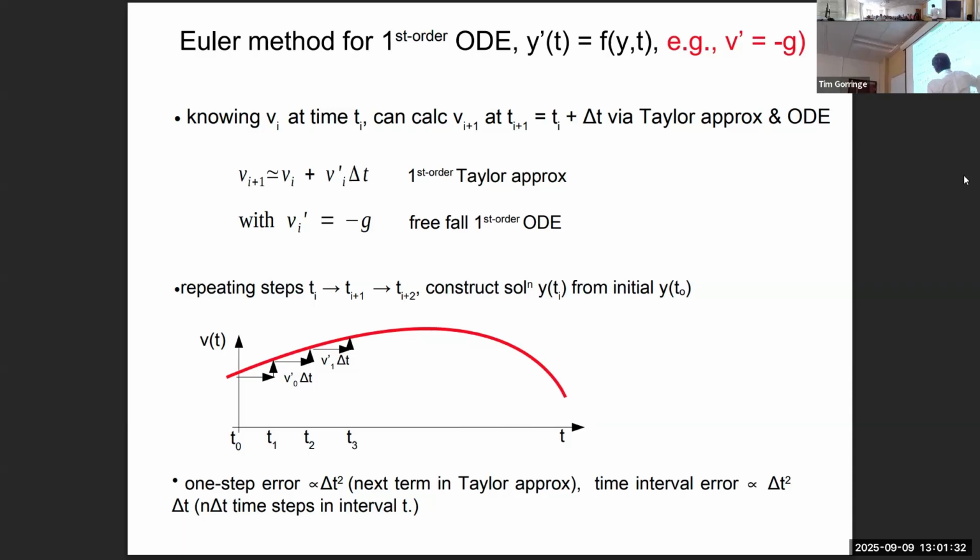So the way that we're going to code that up is, knowing from our work on Taylor approximation, we can compute the velocity at a time tick v_{i+1}.